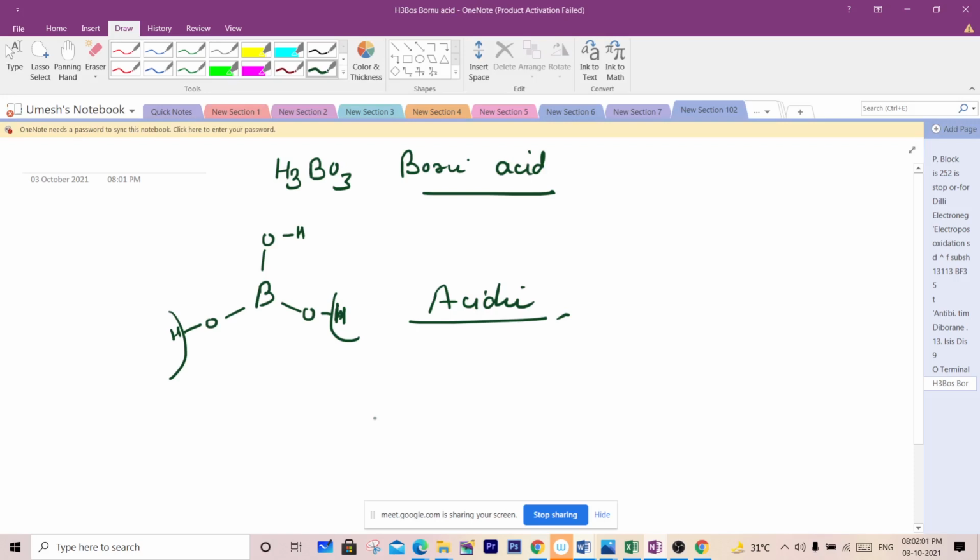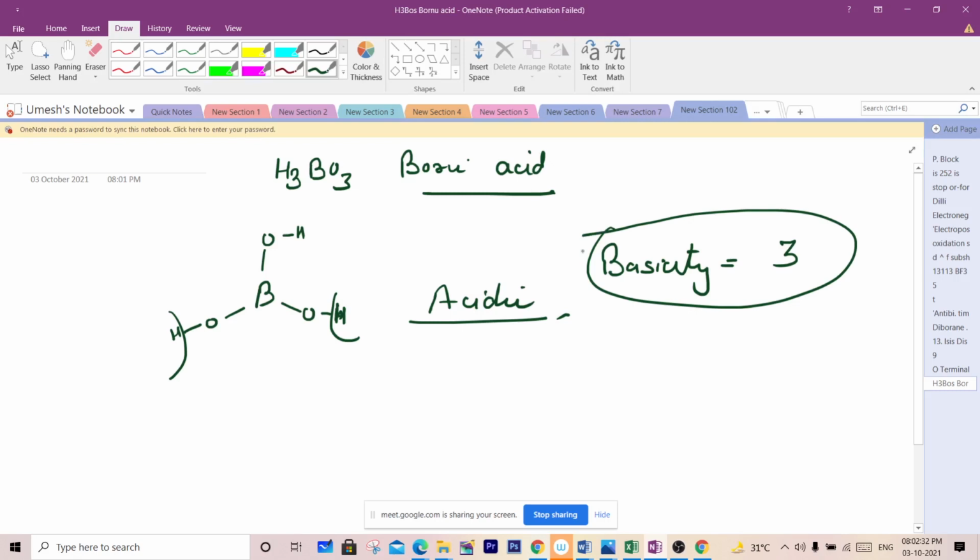So I can say the basicity should be equal to 3. Basicity means how many H positive ions it can give.